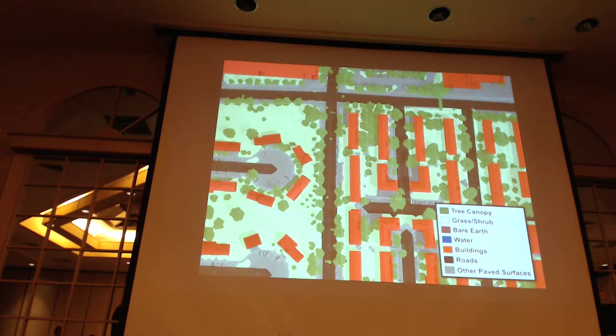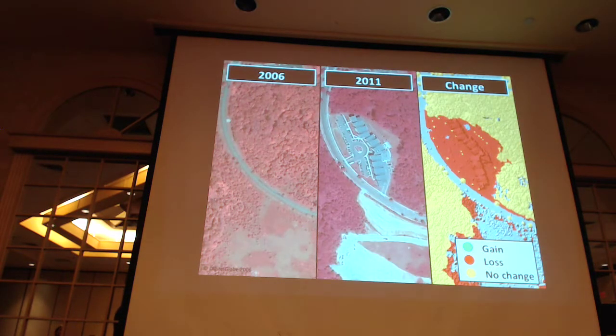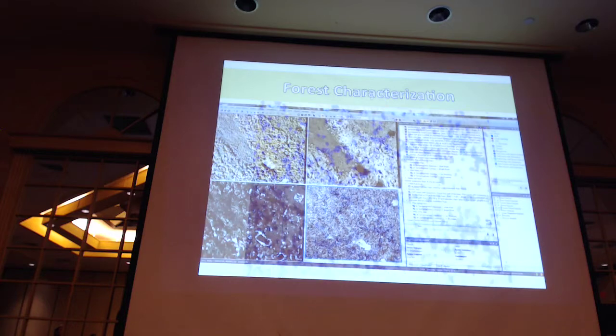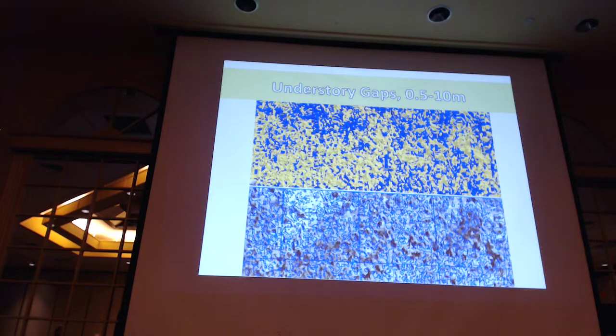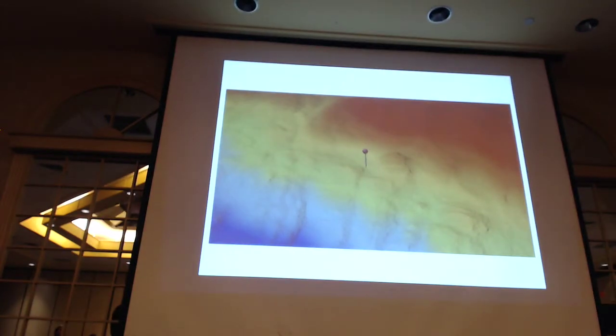So we know that it's very useful and very effective. We've done some similar work with LiDAR in forest change detection. We've also used LiDAR for characterizing forests for habitat quality, so canopy gaps, and also looking at understory characteristics, which of course are important for some species. So we're confident that we can use this information also for vernal pools.